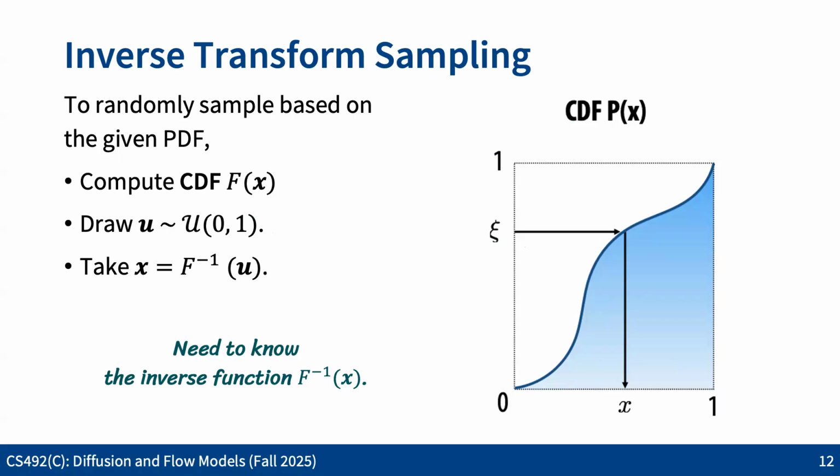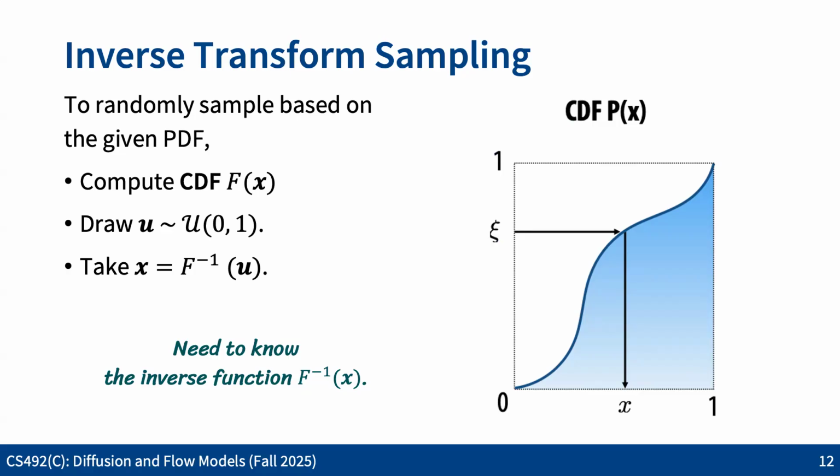We sample the probability from the 0 to 1 range with the uniform distribution and see where this point falls into each infinitely small bin, which means it's just like computing the inverse of the CDF function, right?